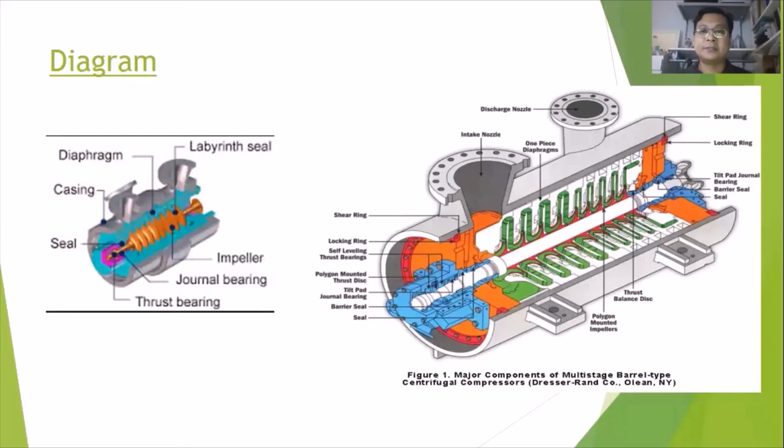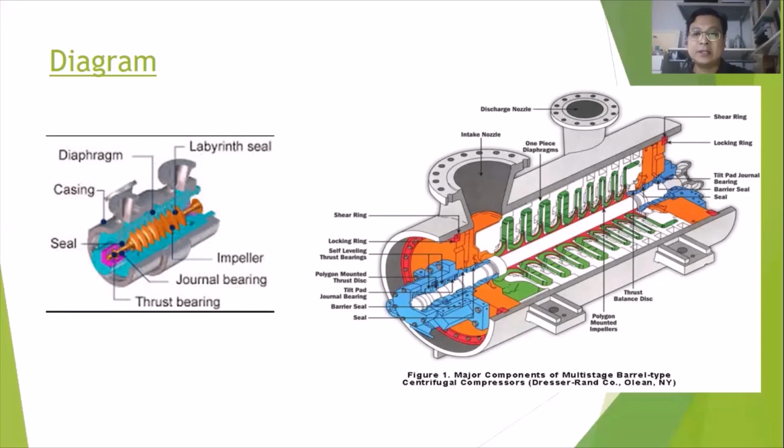Okay, now the structure. This is a very big compressor system, maybe a high capacity compressor. The centrifugal compressor has several stages. It's not only one stage, but multiple stages.